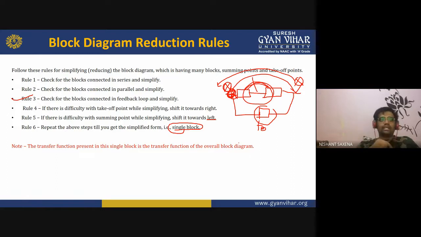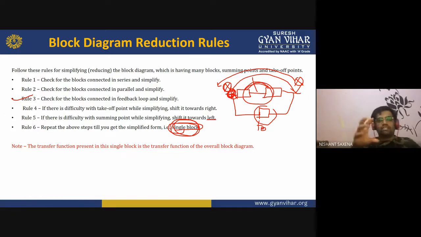It has to be noted that the transfer function represented by this single block is the transfer function of the overall block diagram. It doesn't matter how many blocks or how many transfer functions inside there were.